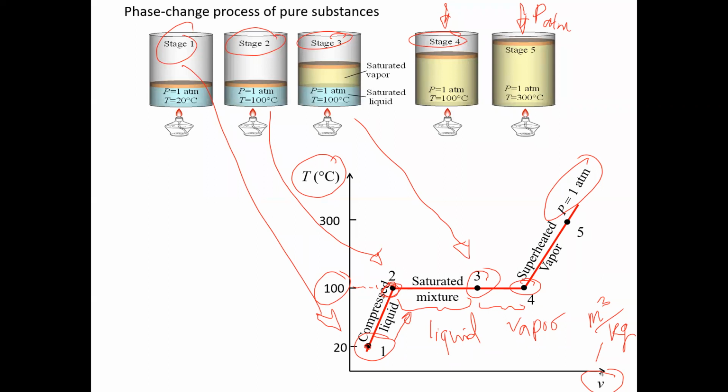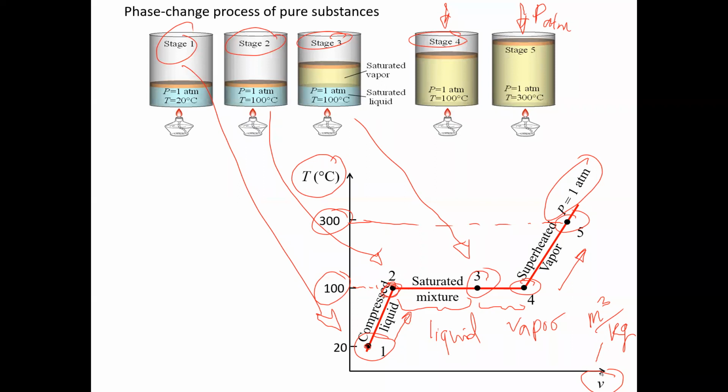After that, any extra heat will increase the temperature, as you can see. At point 5, temperature is 300. So this is the process of phase change for a pure substance, which is water.